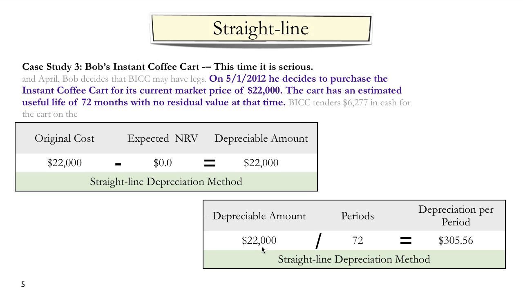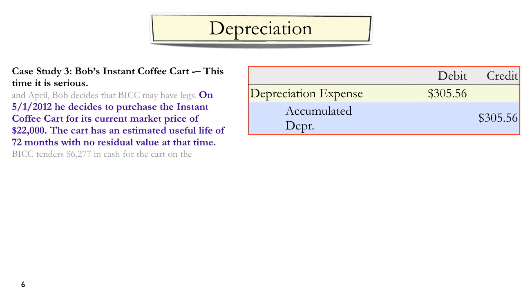Since we're using straight line depreciation, we take the $22,000, divide by the 72 months, and end up with a depreciation per period of $305.56. We recognize the depreciation expense as a debit to depreciation expense, which would go on the income summary, and a credit to the contra account called accumulated depreciation.